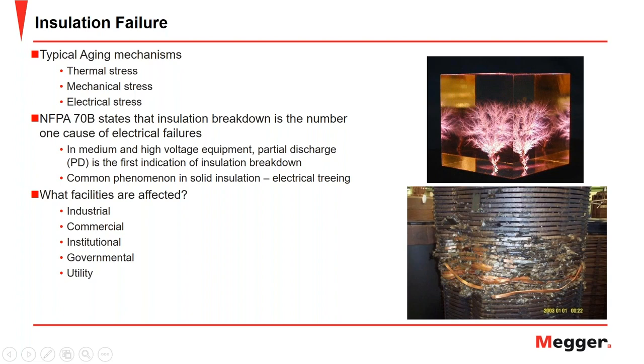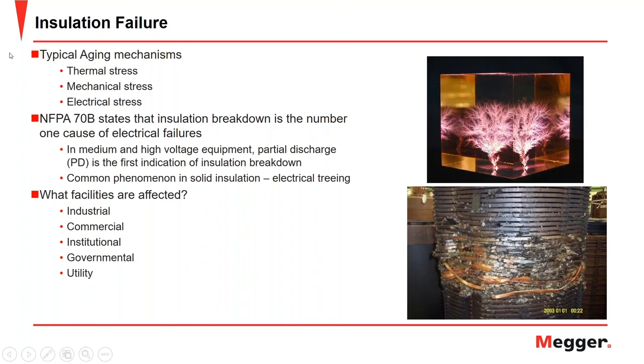So for instance, here you can see where it would have started and stressed and treed through the solid dielectric or insulation. And if it were to go completely through, bridging both sides and cause ultimate failure, you could see a catastrophic event such as this blown out winding down here.